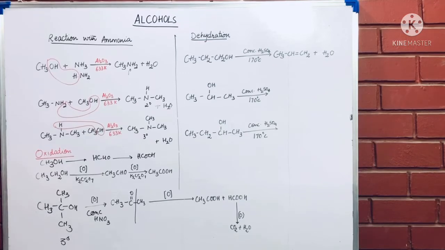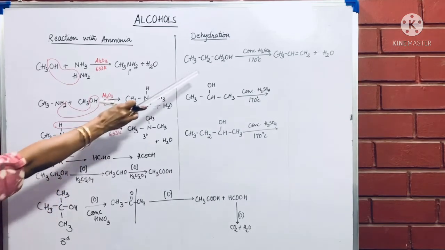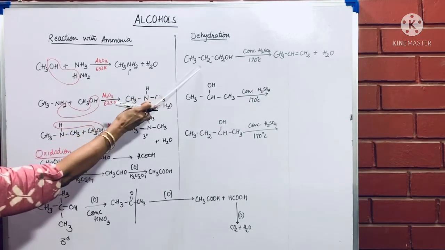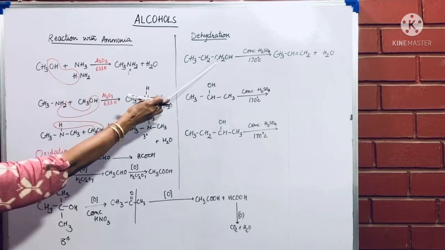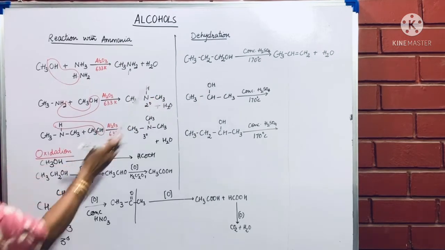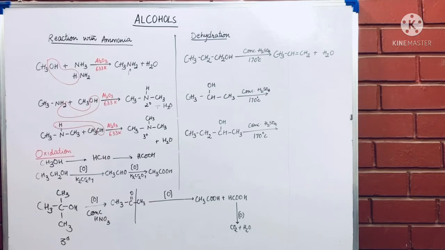Now look at dehydration. In dehydration there is removal of water molecule, and you already know alkenes will be formed when there is dehydration. So OH from here, from the neighboring carbon atom hydrogen will be lost. So between these 2 carbon atoms a double bond will come.